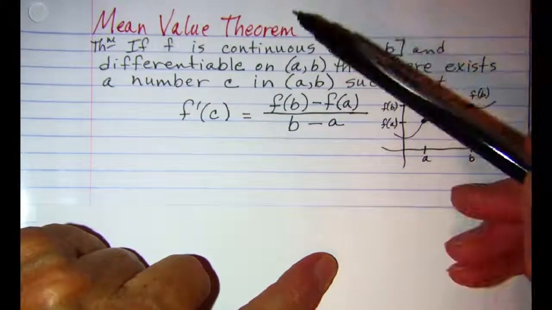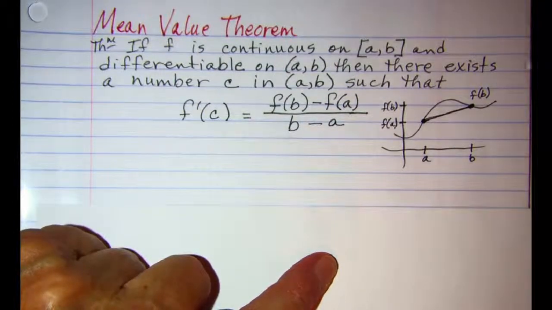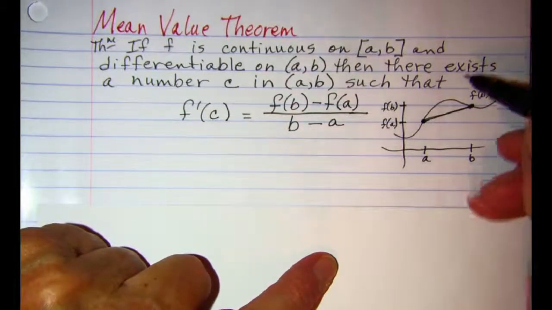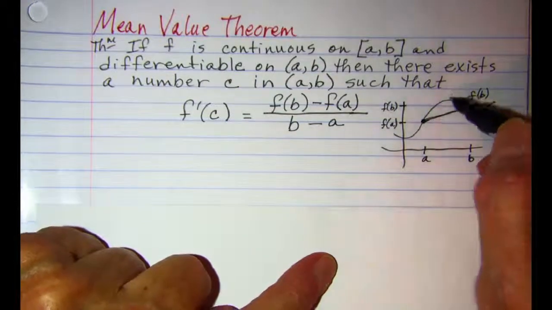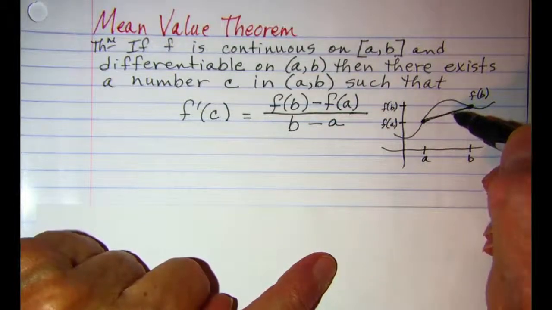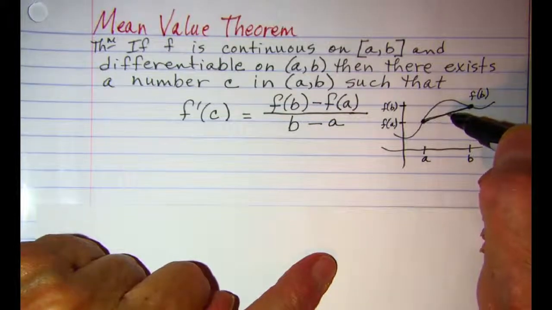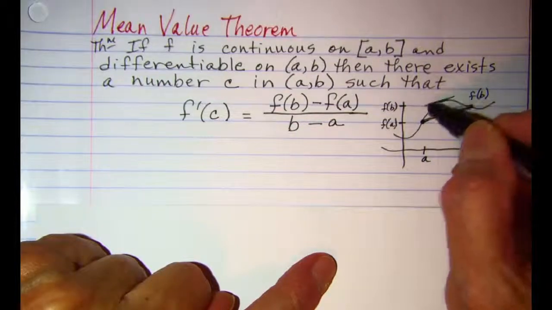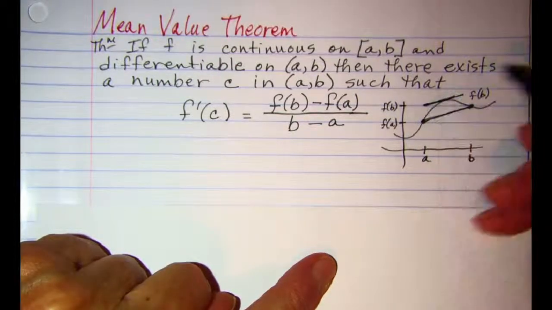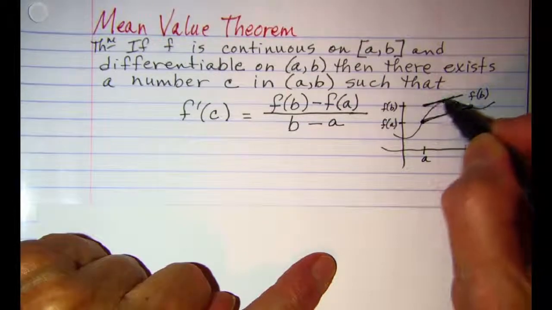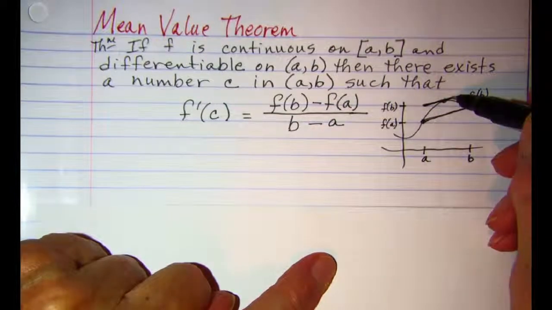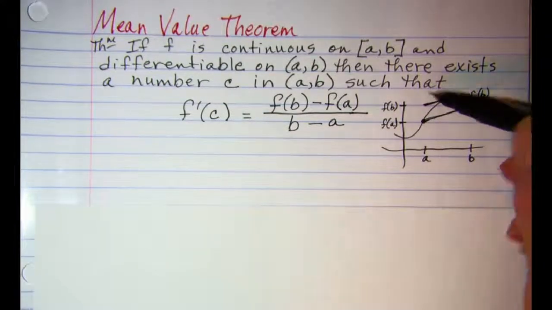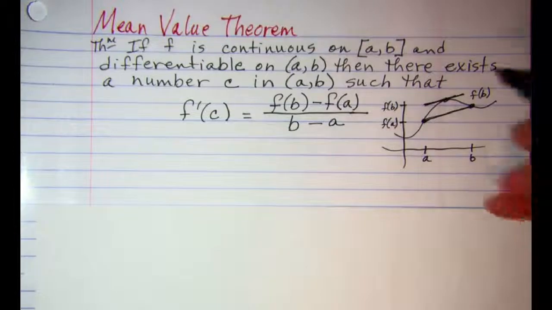And then the theorem guarantees that there's going to be a number c in this interval where the slope of the tangent line is the same. So basically the tangent line and the secant line will be parallel. So we can kind of eyeball that right here and see that if this is our tangent line, it's going to have a slope equal to the slope of this secant line. So that's what this mean value theorem says.